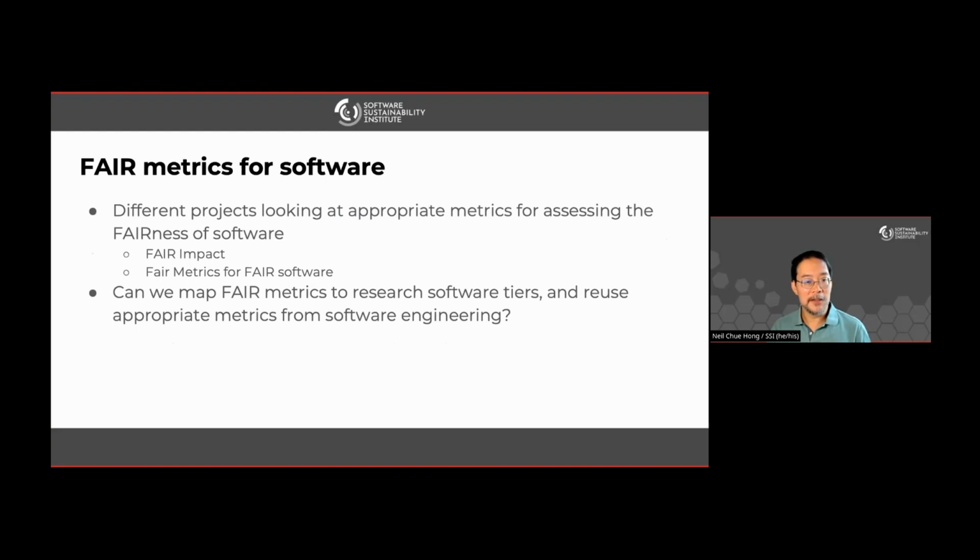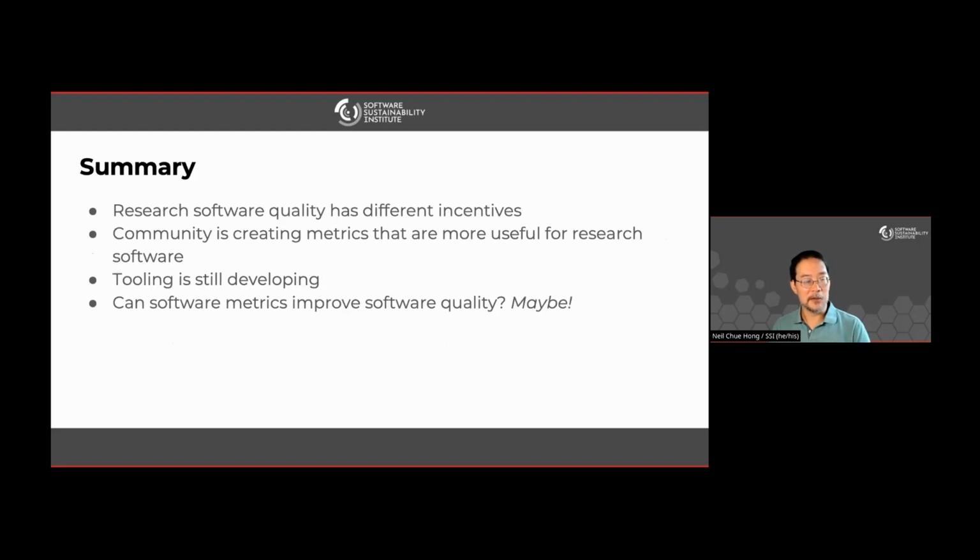I think the message I'd want to leave you with is that the difference between research software quality and software quality in general is really about the incentives for why the software is being developed, more than the way in which the quality can be measured and identified.